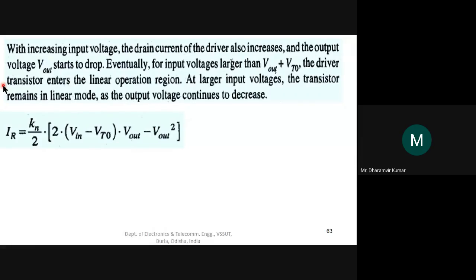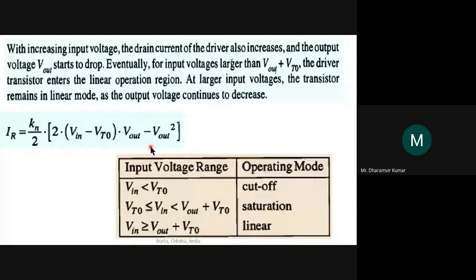Now, when the device is in linear mode and we apply KCL, IR will be equal to the ID linear, and this is the equation for drain current when the device is in linear mode of operation. And these are the three conditions that we had just seen. When the input voltage was smaller than the threshold voltage of the device, the operating mode was cutoff.